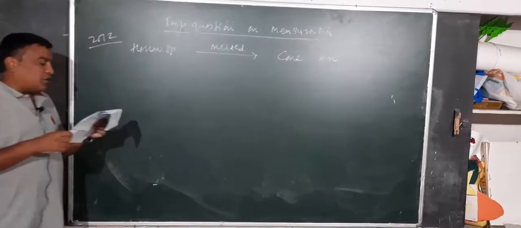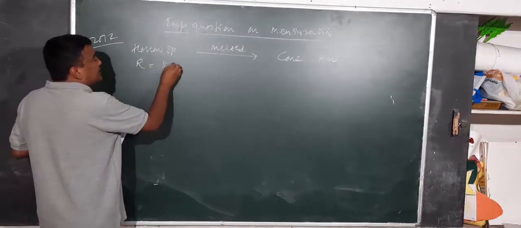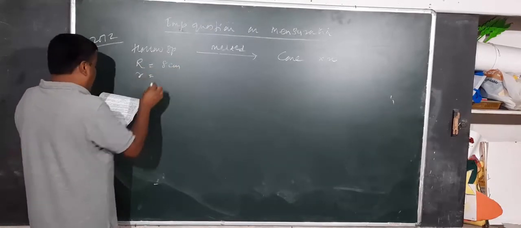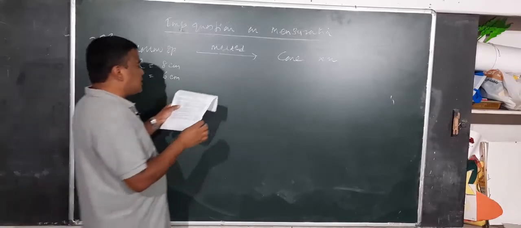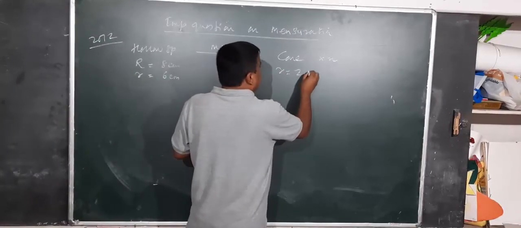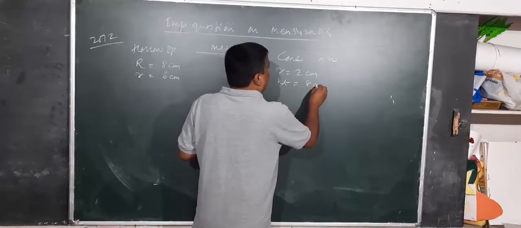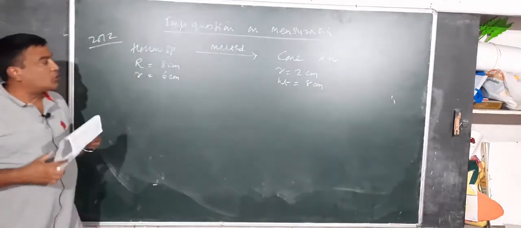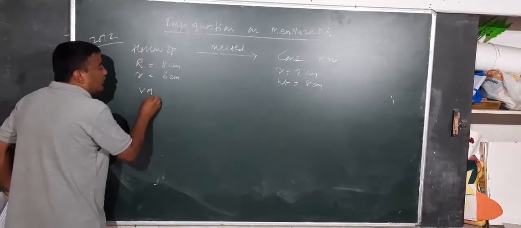Now, hollow sphere whose external and internal, that means capital R is 8 centimeter, small r is 6 centimeter, okay? After that, cone, radius is 2 centimeter and height is 8 centimeter. Now you have to find out the number of cones, which is x. Here also volume will be equal.